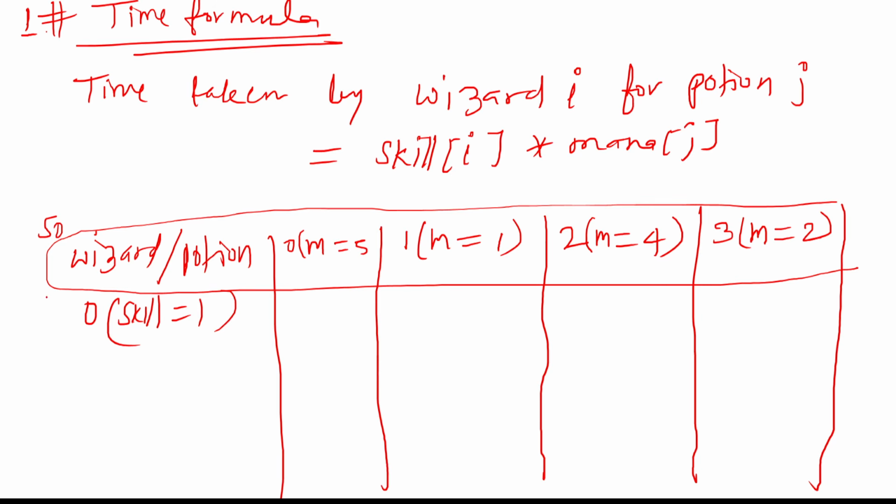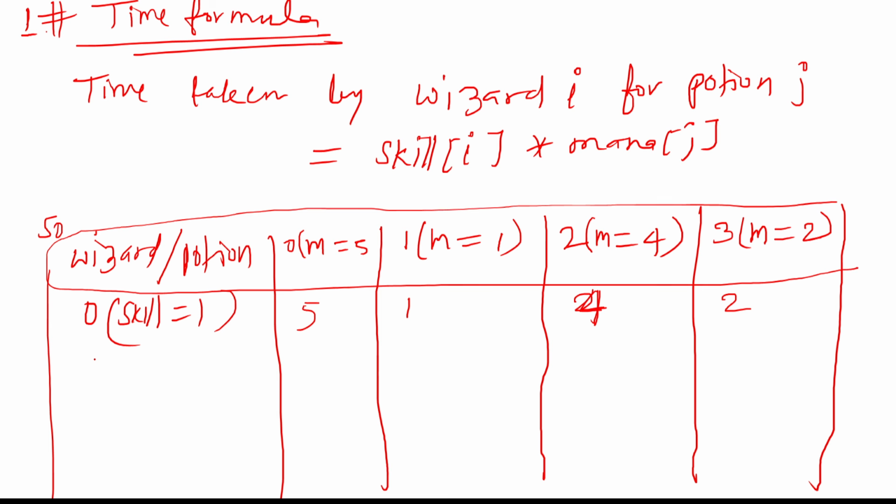So I have also taken it like this so we can understand easily. Now think, when the skill is 1, mana is 5, so 1 into 5 we will get 5, correct? Here 1 into 1 will get 1, 1 into 2 will get 2, 1 into 4 is 4, and 1 into 2 is 2 here, correct?